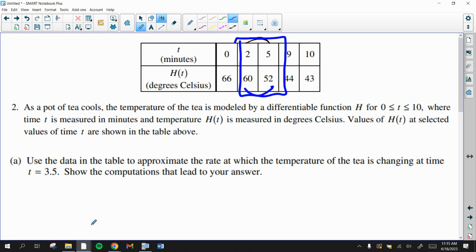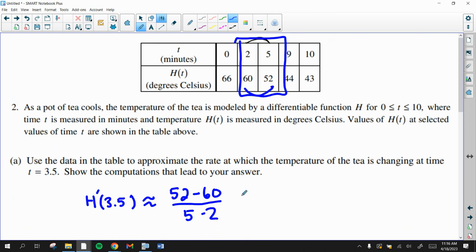Since we don't have the function, we're going to have to do it with the slope. So we can say the derivative at 3.5, which is the exact rate at which it's cooling at that time, can be approximated by the slope between 2 and 5, which would be 52 minus 60 over 5 minus 2.